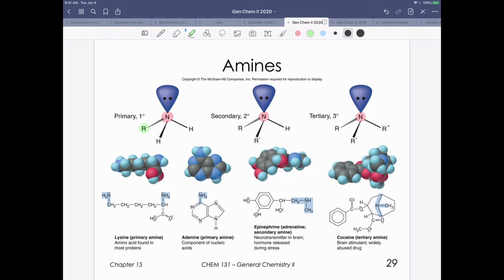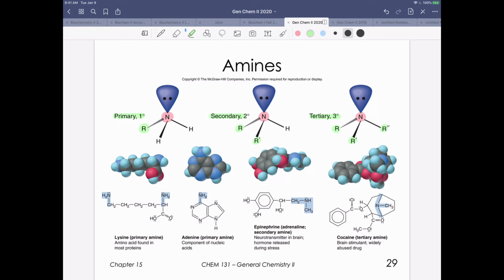If there's 1 carbon attached, again, that's going to be primary. 2 carbons attached, that's secondary. 3 carbons attached, that's tertiary. Okay, so it really is asking how many carbon atoms are attached to the heteroatom.